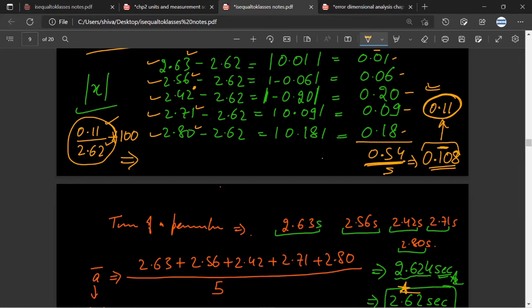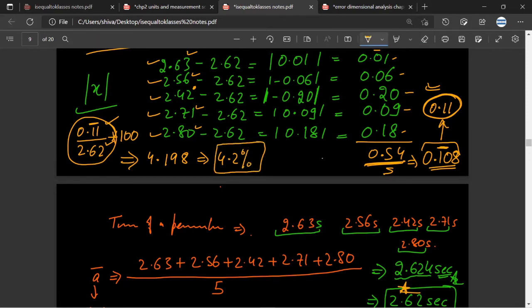So the answer that I have, multiplied by 100, is 4.198. And using the rules of rounding off, with a maximum of 2 significant digits, I can have only 4.2. So in terms of percentage, 4.2 is what the answer would be.